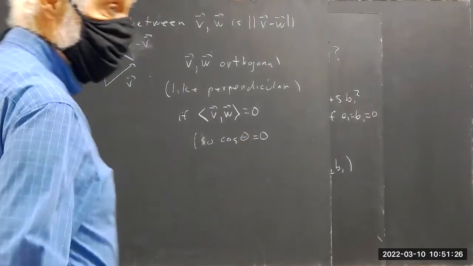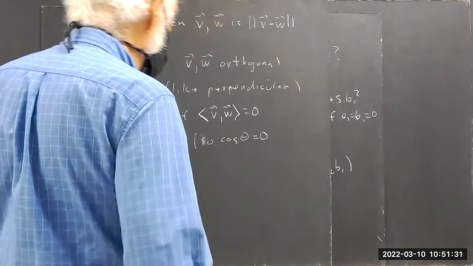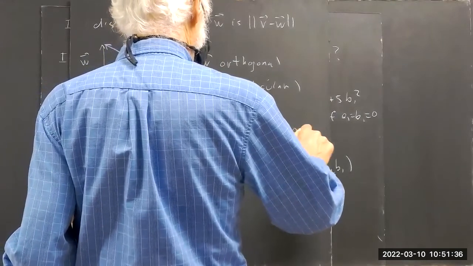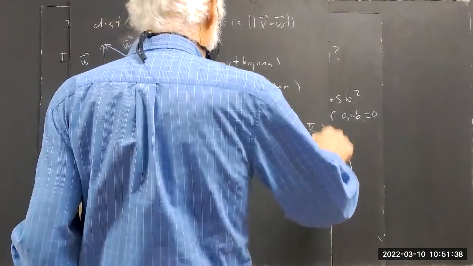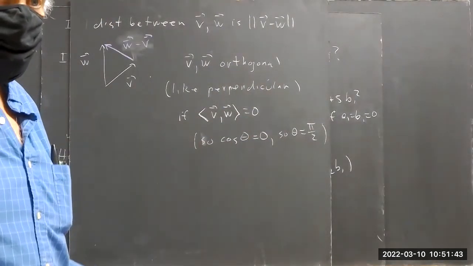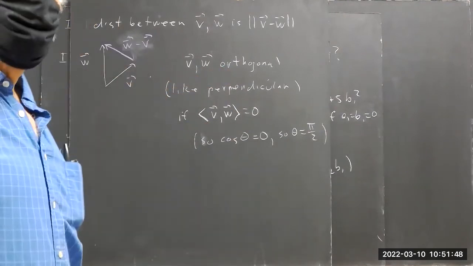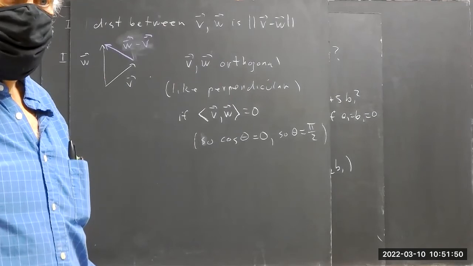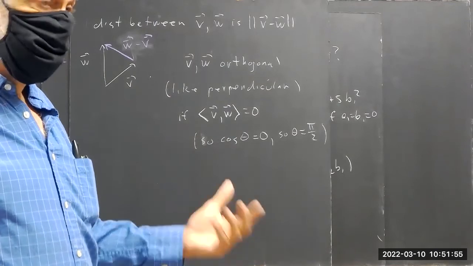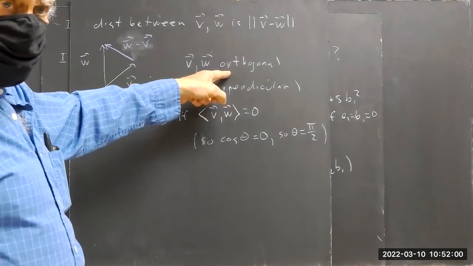The cosine of theta is zero because the numerator of cosine theta is the inner product. So theta is pi over 2, 90 degrees, perpendicular. So we call it orthogonal when we're not talking about R2 and R3. In R2 and R3, that means perpendicular. In higher dimensional R spaces, it sort of means perpendicular. So we're going to use the word orthogonal.